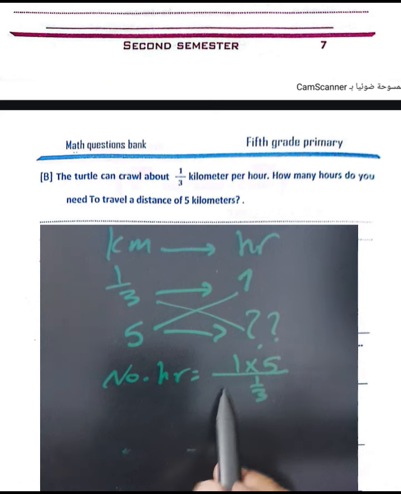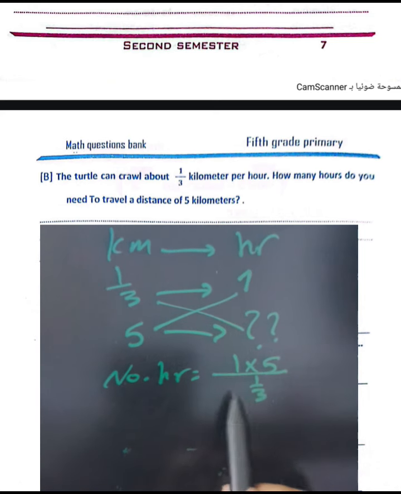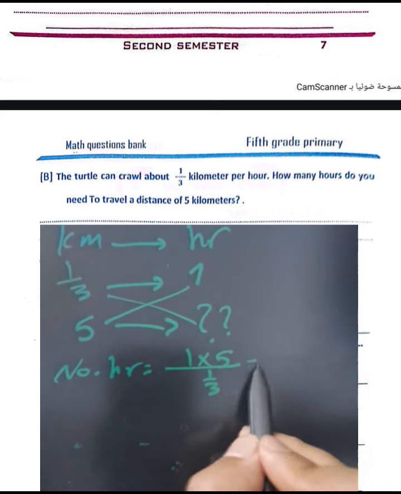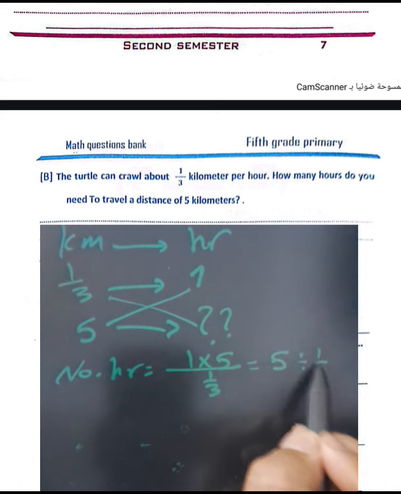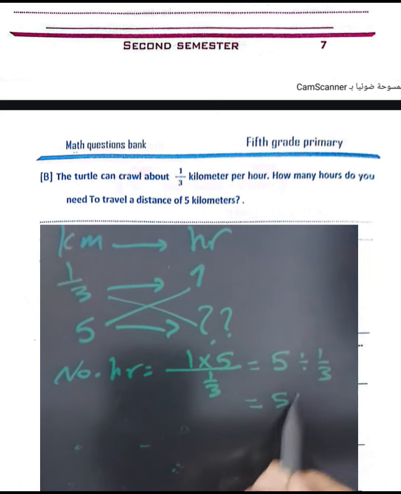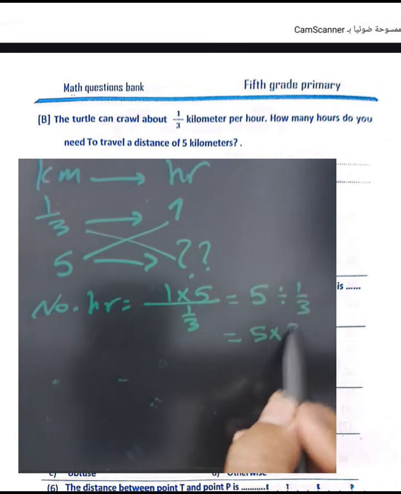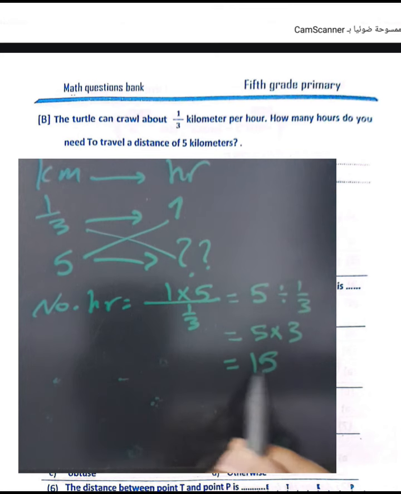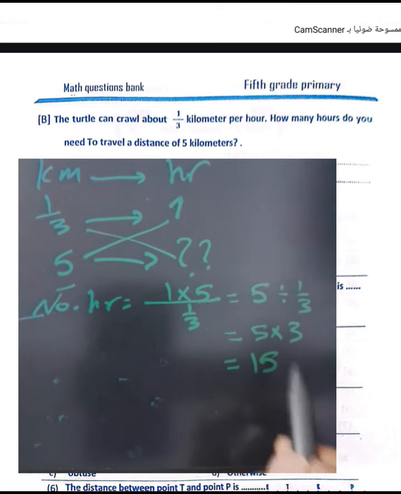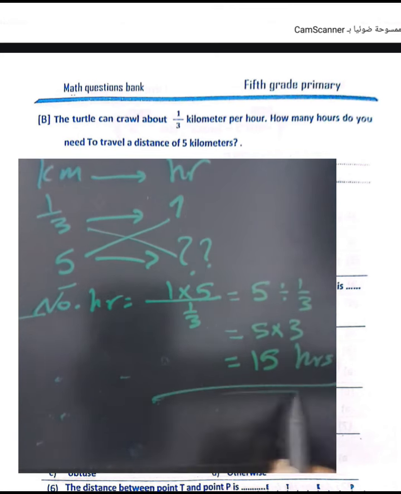The product of extremes equals the product of means. 1 times 5 equals 5. Then you can write 5 divided by 30. Then convert from division to multiplication and write the reciprocal of 30, which gives 5 times 3. The number of hours will be 15 hours.